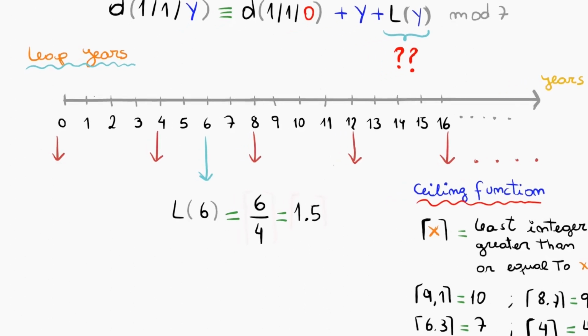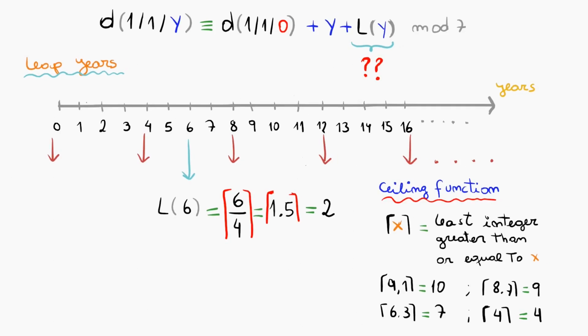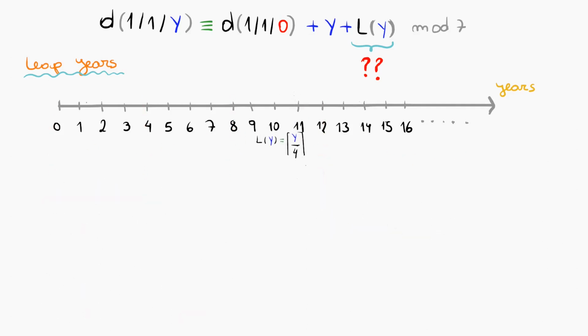With this definition, let's apply the ceiling function of 6/4, obtaining the result 2. This result is correct, since before the year 6, there would be 2 leap years. Let's look at another example, the number of leap years before the year 13. Let's calculate the ceiling function of 13 over 4, obtaining 4, which is the correct answer. We are therefore confident in writing the following relationship.